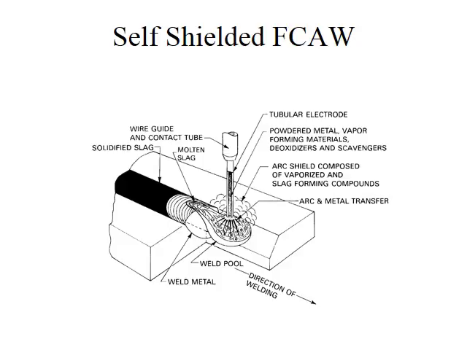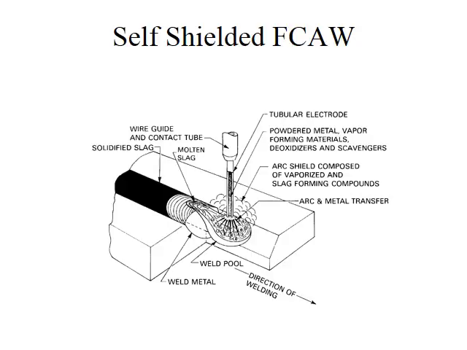In this slide, you can see a bigger sketch of the self-shielded flux-core arc welding process. In this drawing, you can see the decomposition of the flux that is contained inside the tubular wire.